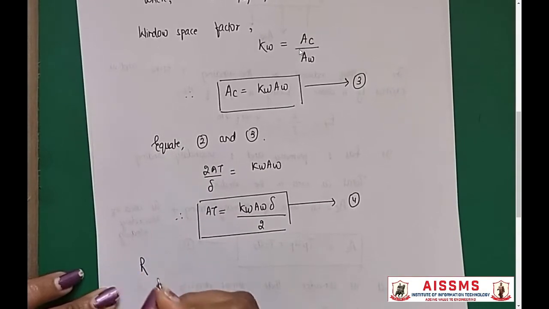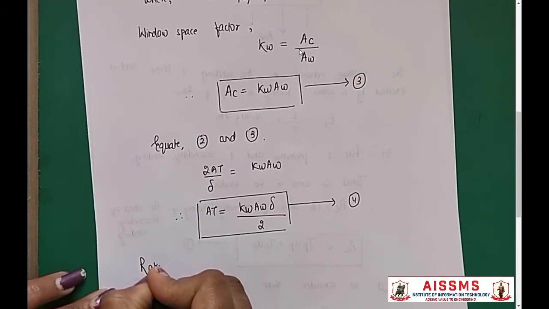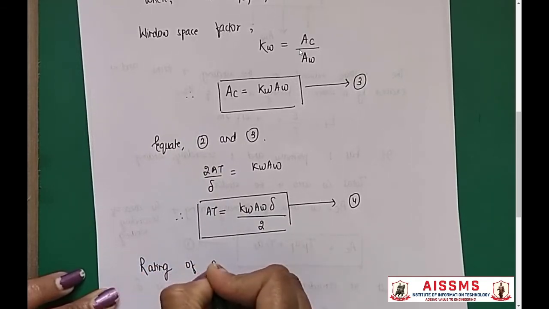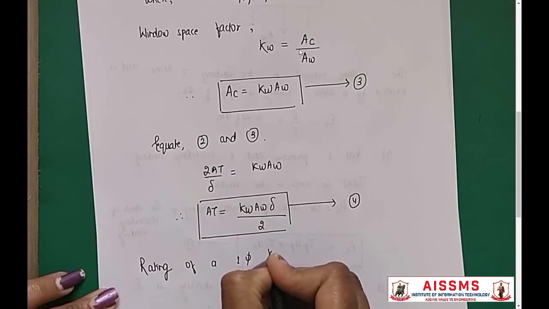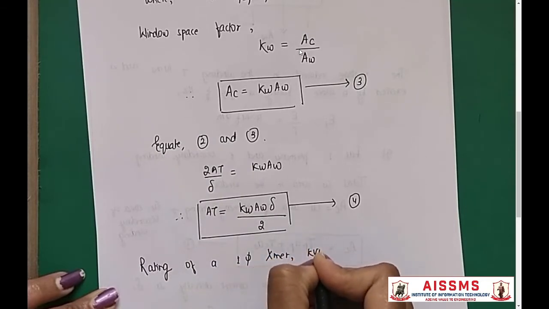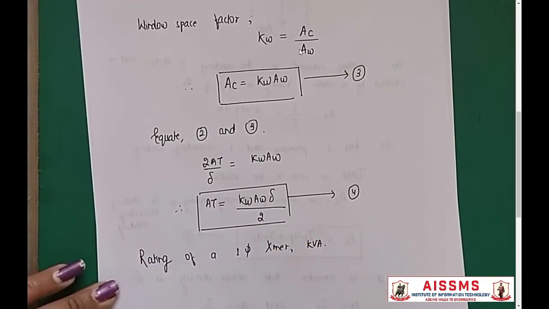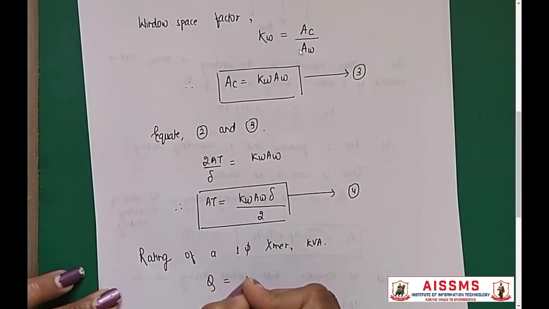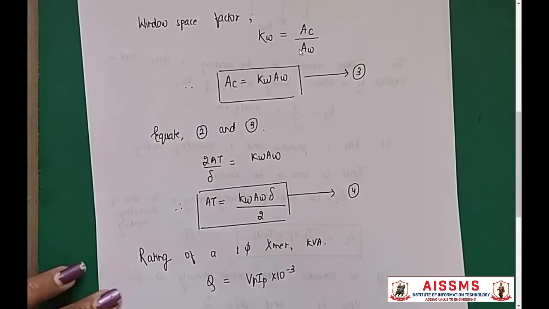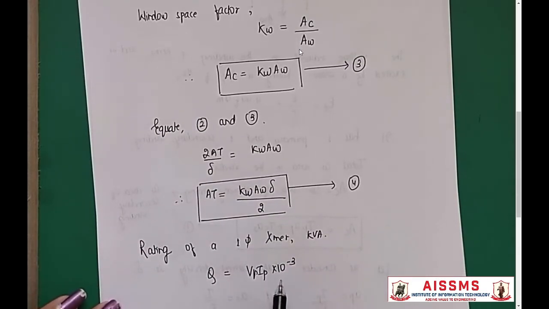Now, because we want to find the output equation for a single phase transformer, let's know the rating of a single phase transformer. We know that it is in kVA, and it is given by Q is equal to VP IP into 10 raised to power minus 3. This 10 raised to power minus 3 comes because we are going to convert it to kVA, that is the standard unit.